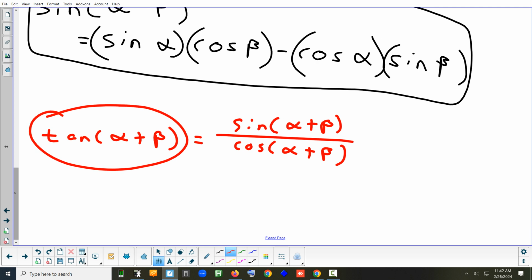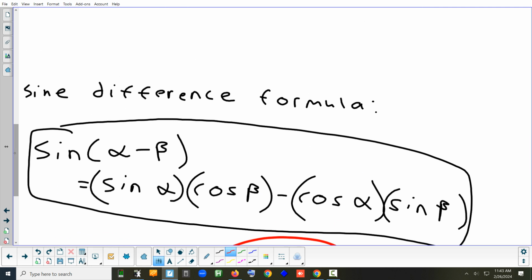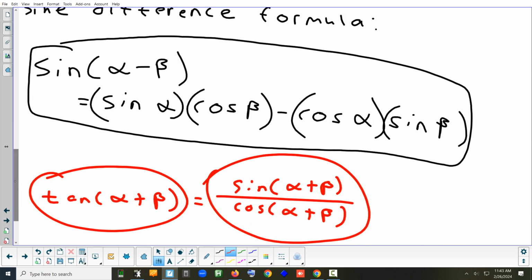But if somebody said, you need to figure it out without looking it up, then I'd say, okay, I can do it this way because I know what these formulas are. And if I don't, I know how to figure them out from scratch. So with the sine, sum, and difference, you can do all the same things we did with cosine. You could find the sine of 15, cosine 75, just a little bit different formula.